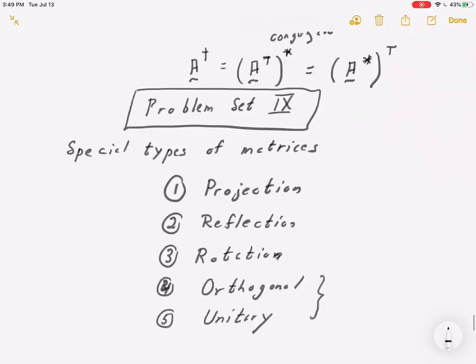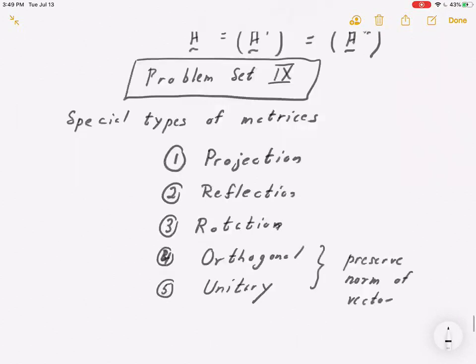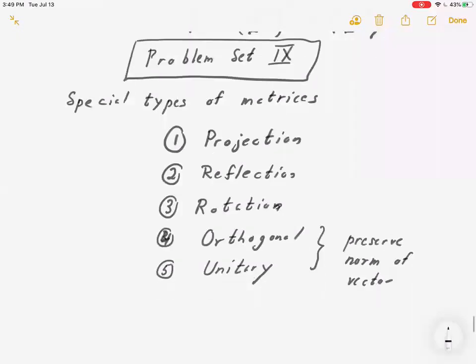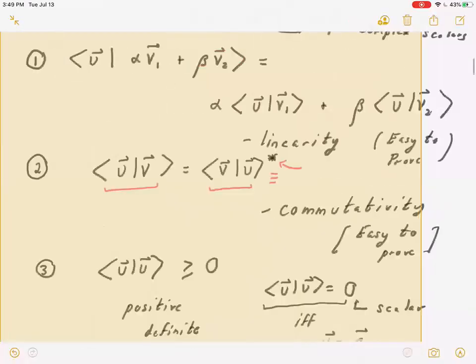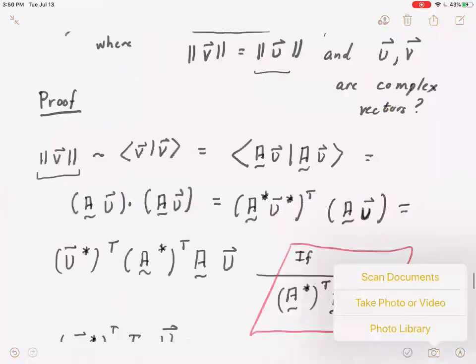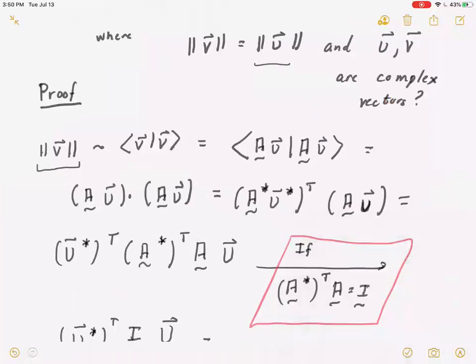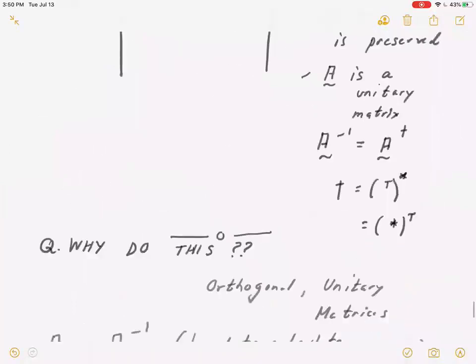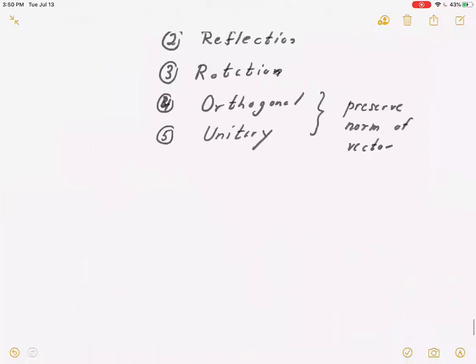Orthogonal and unitary matrices have one thing in common: they preserve the norm of the vector. When you start out with U, and you act on it with a matrix A to get a new vector V.